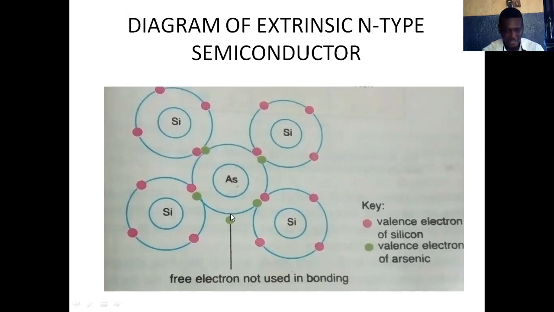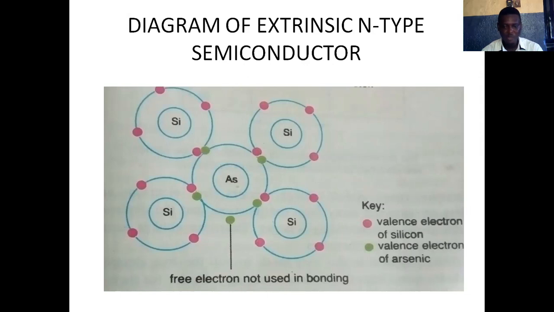At this particular time, other atoms combine together and perform this kind of bonding. There are now free electrons, or more electrons than holes. In this particular type, there are more electrons than holes, and that is why it is called N-type semiconductors.